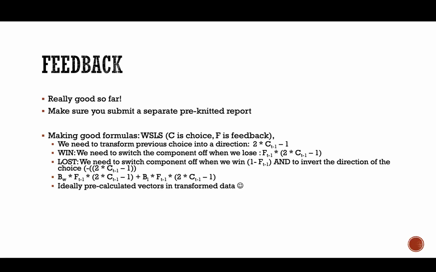So if we want to go from a 0 to 1 scale to a -1 to +1 scale, we can think it through, play with it in R, but basically we can use 2 times the value of the choice, which is a 0 or a 1, and then minus 1.